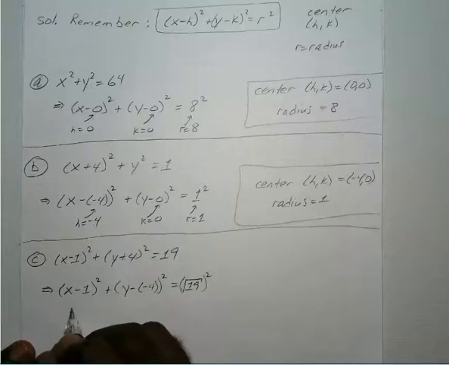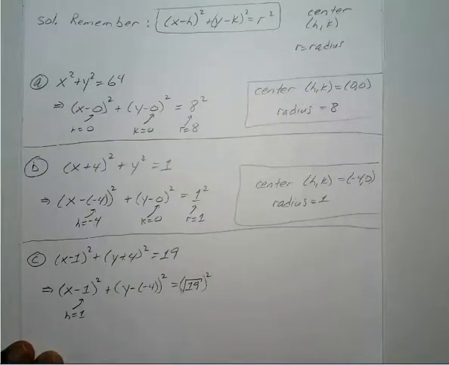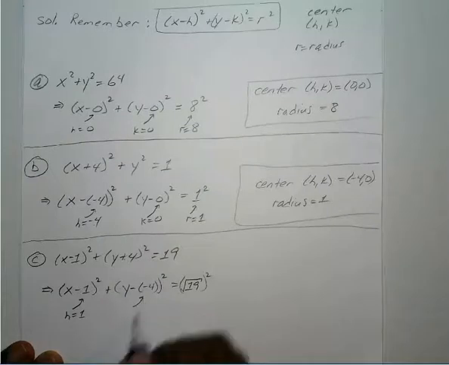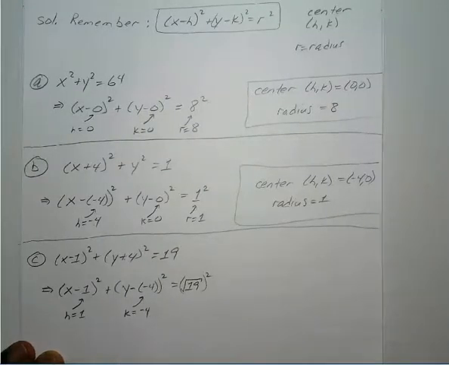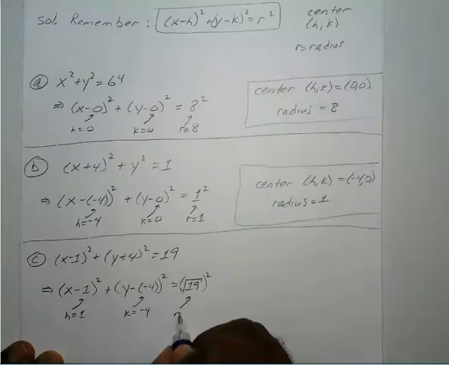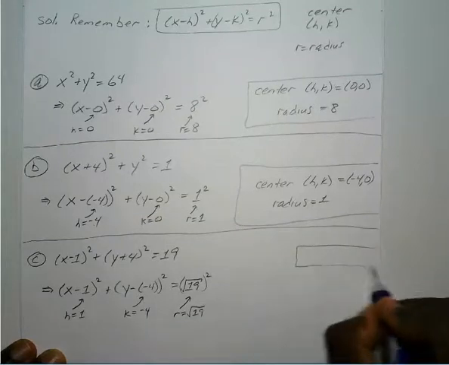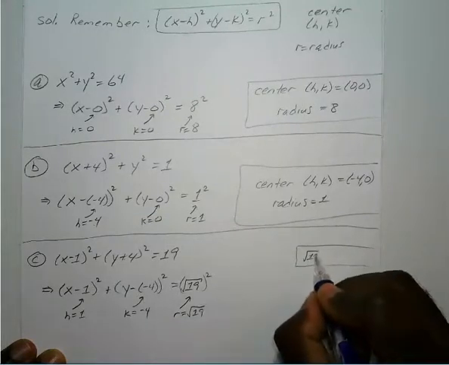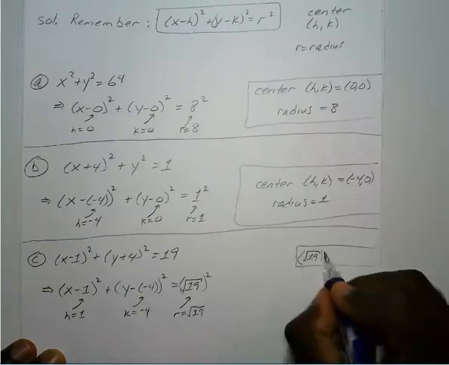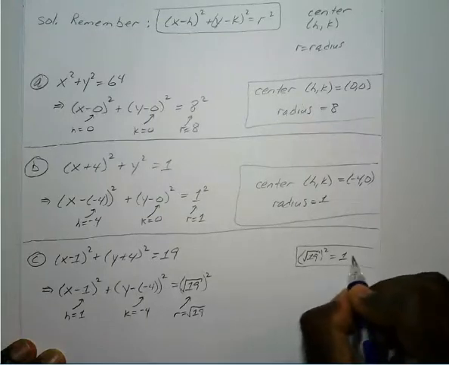Okay, so in this case, your h is equal to 1. Your k is equal to negative 4. And your r is equal to the square root of 19. Remember, square root of 19 squared is just 19.